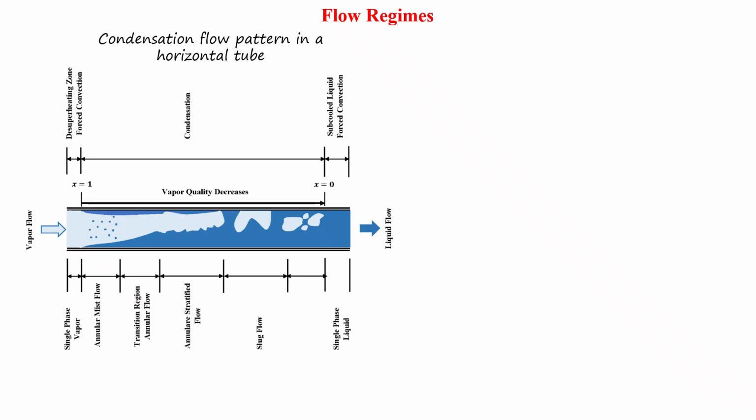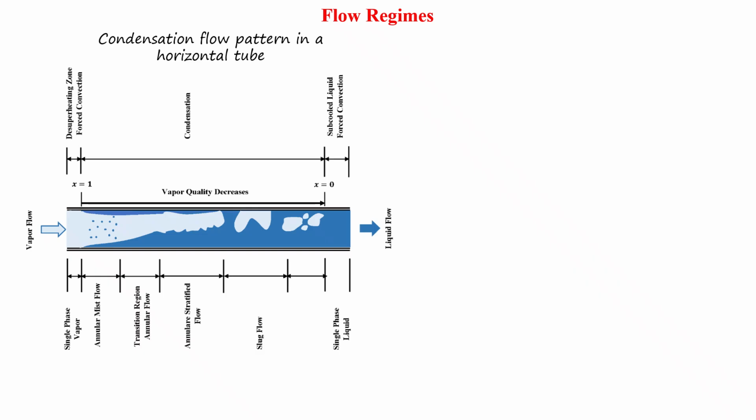As it passes in the tube, some heat is transferred to the cooling medium, then a thin liquid film of this condensate covers the inner side of the tube, forming annular flow. As the saturation temperature is approached, the condensation process will continue until we get X equal to 0, where the subcooling region can commence.